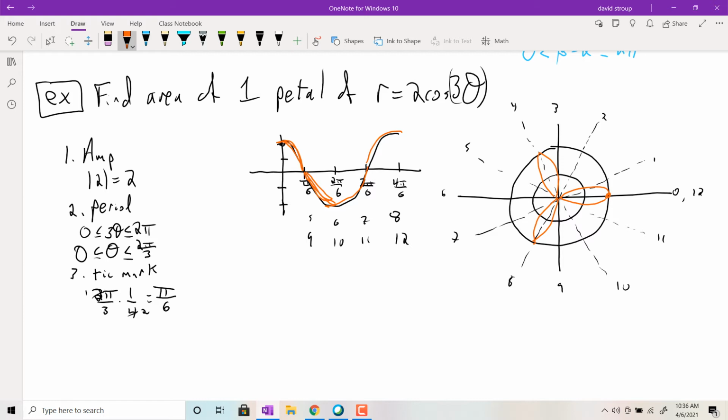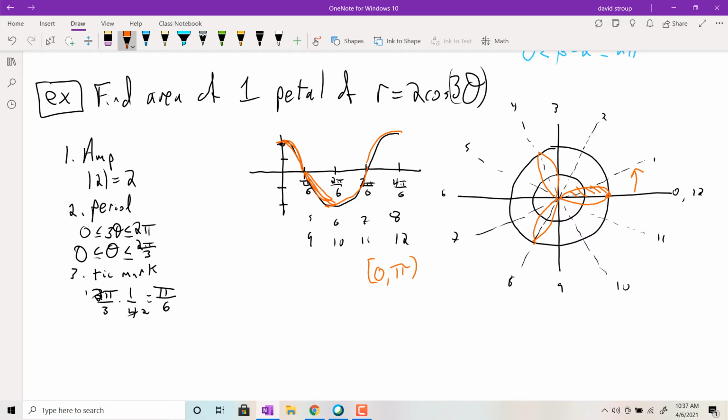So the entire rose is traced from 0 to 6 pi over 6, which is the same as pi. We just need one rose petal though, right? So you could do one of two things. You could integrate from here to here and then just multiply it by 2, because if you integrate from 0 to pi over 6, you get this region here.